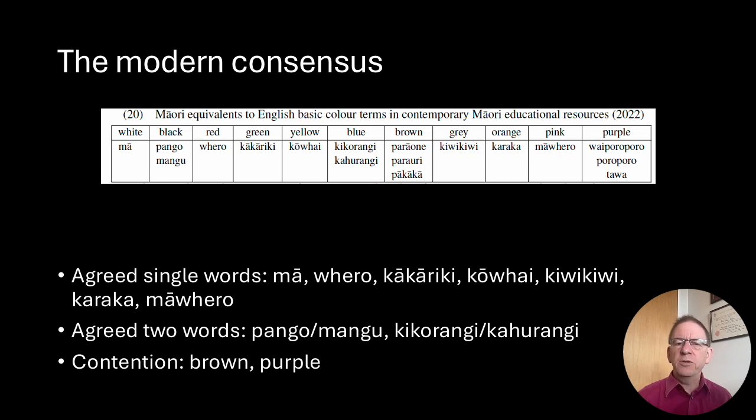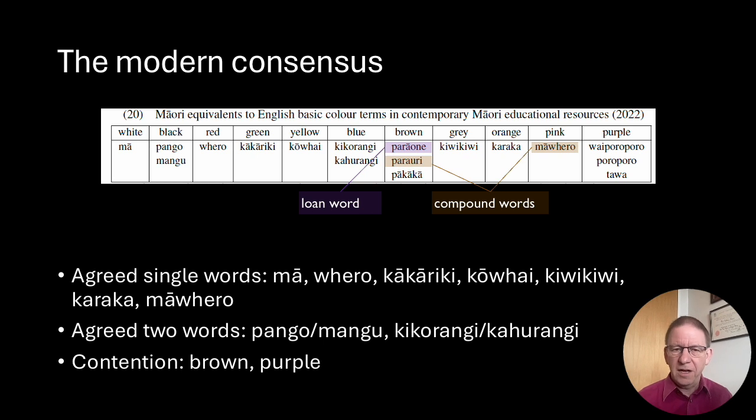For black and blue, we appear to have a consensus that for those 2 colours, there are 2 equally valid words each. And it is only for brown and purple that we do not have agreement. Of these, we still have 1 loan word, paraoni for brown, and we have 2 compounds, parauri for brown, dark yellow, and mawhero for pink, white-red.